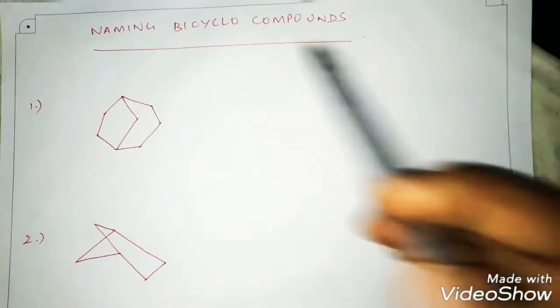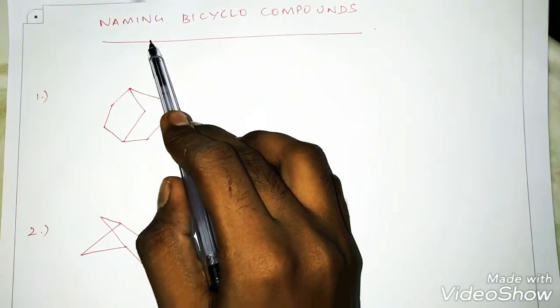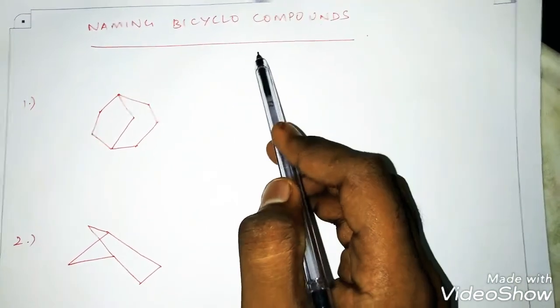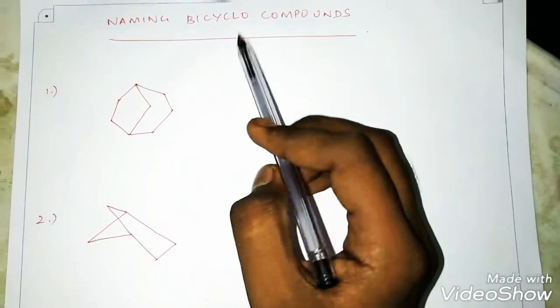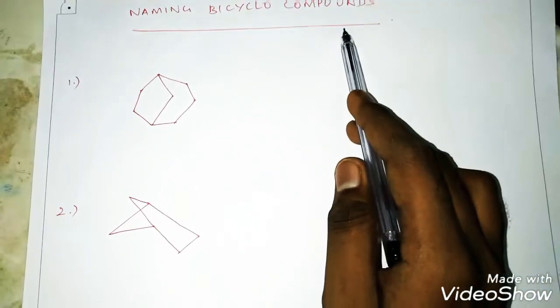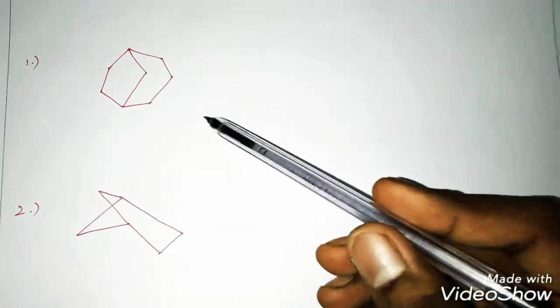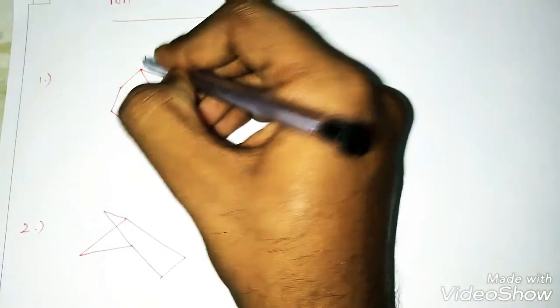Okay, now let us move on to the IUPAC nomenclature for bicyclo compounds. So now we saw the Spiro compounds, then alicyclic, and now we are going to see the bicyclo compounds. These are some examples. I'll start the numbering here, it's your wish.